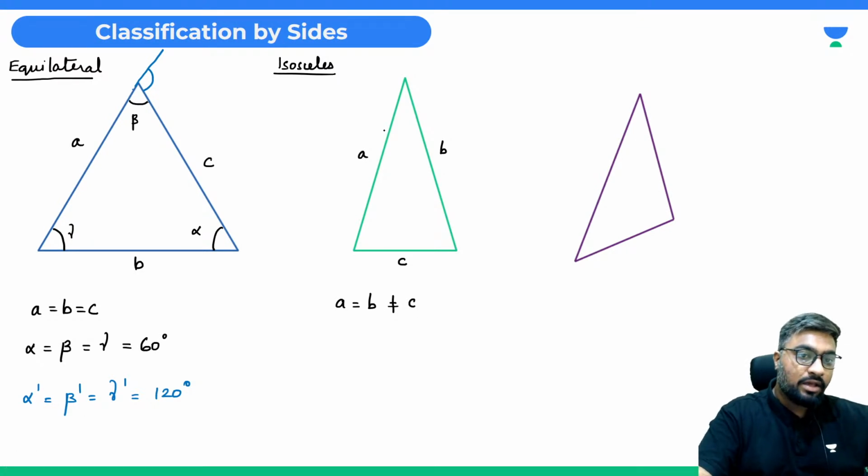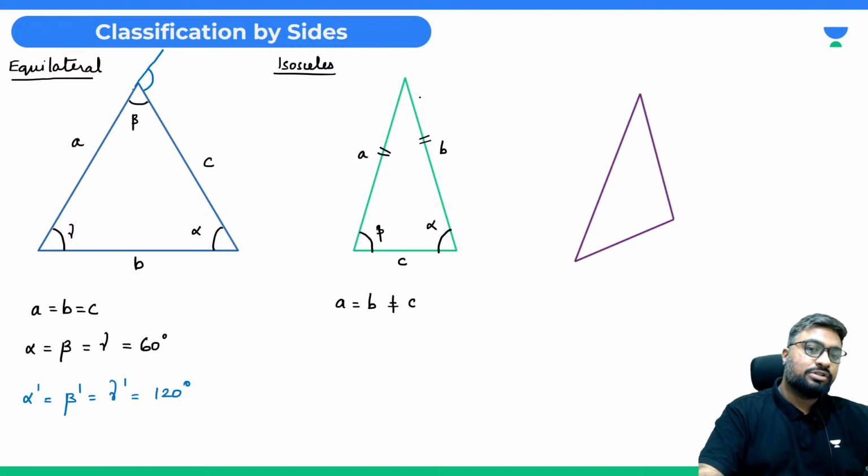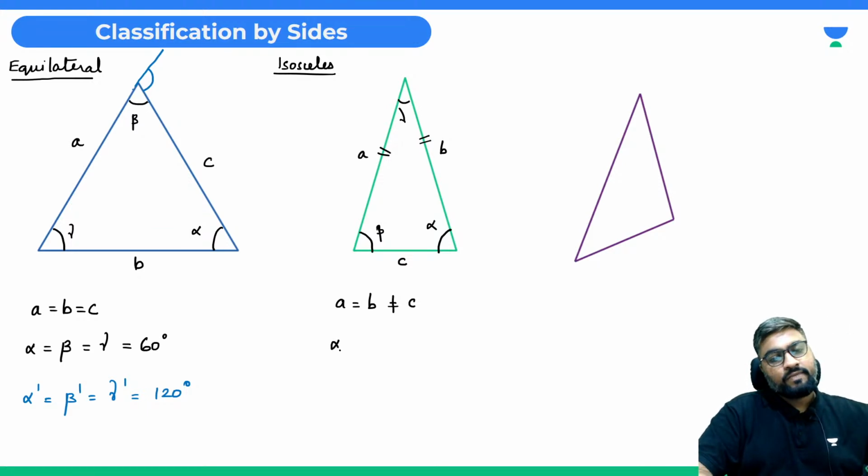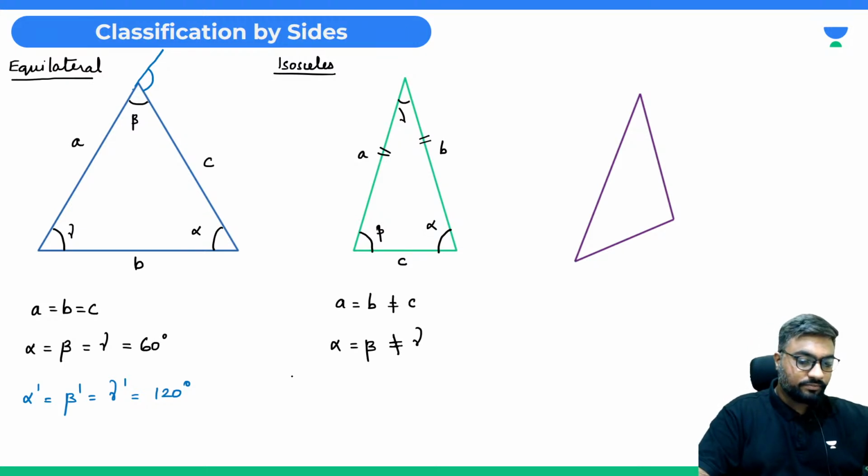So same way, उनके जो opposite sides है, opposite angles है, जैसे these two sides are equal, correct? ये दो sides equal है, तो इनके जो opposite में angles है, जैसे ये वाला A जो side है, इसके opposite का angle ये है, so this is alpha. B जो side है, उसके opposite का angle ये है, beta, and C जो ये है, उसके opposite का angle ये है, gamma. So what can we say? Alpha and beta are equal, but gamma won't be equal. Got it?